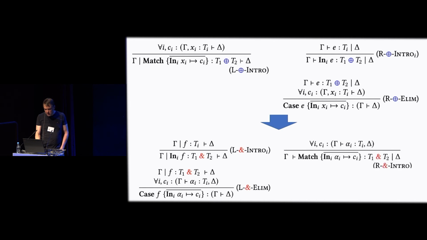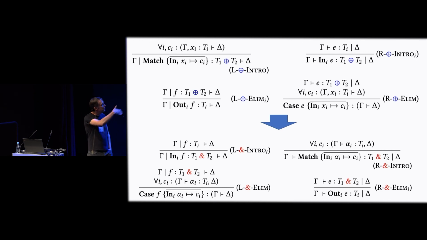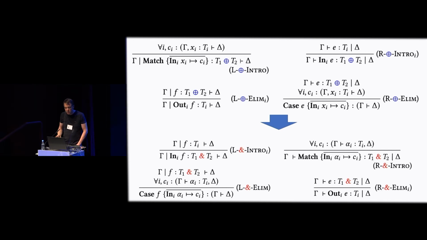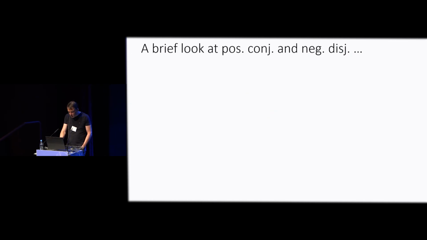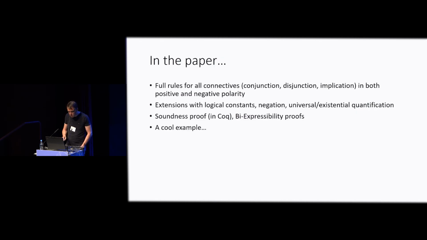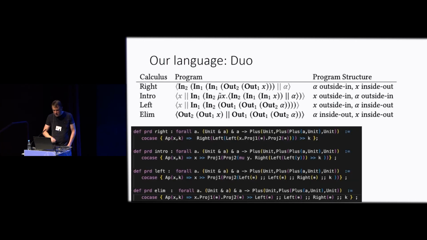We see that it works very nicely with all the typing rules. They are exactly dual, and we can use exactly the same term syntax for it. I think I will skip over the positive conjunction and negative disjunction because I want to use the remaining time to talk about something else.